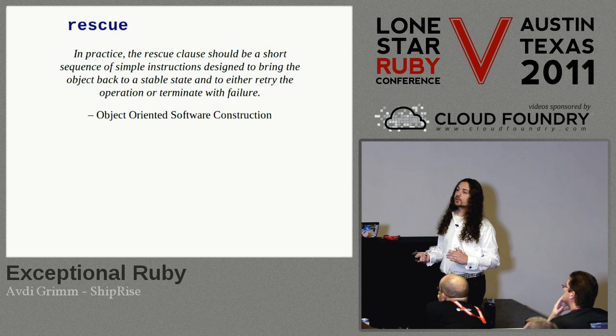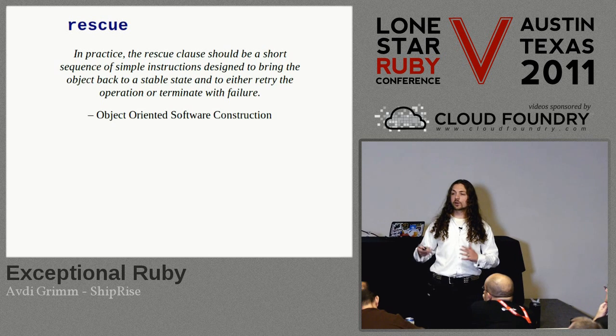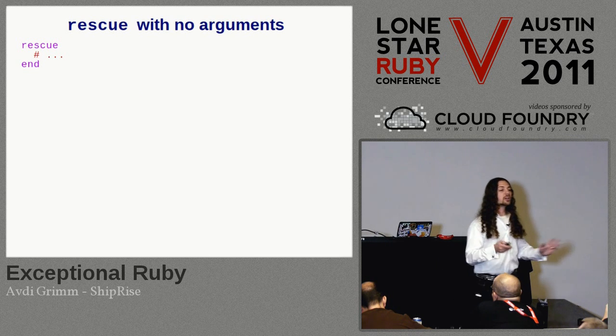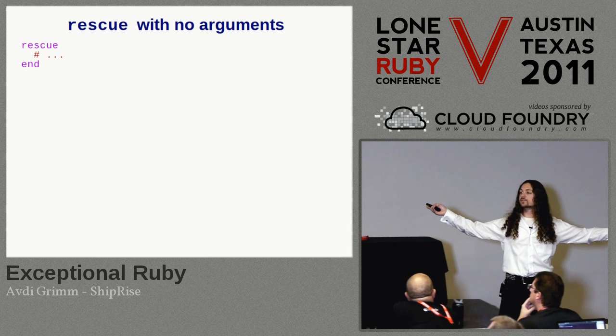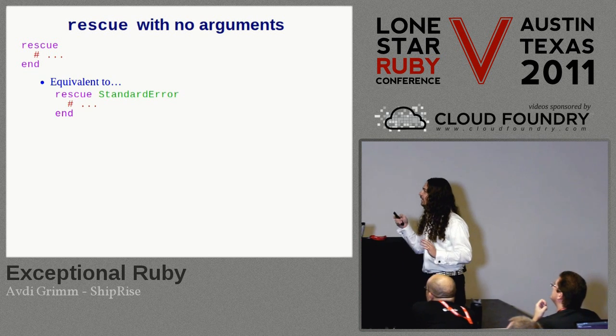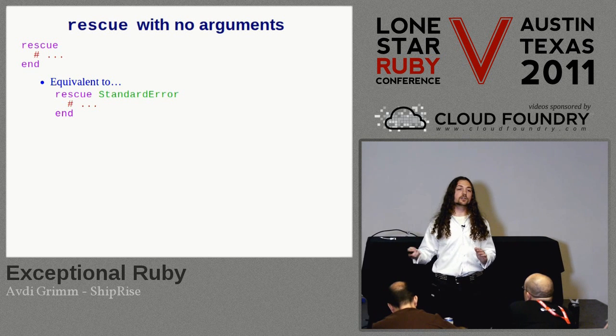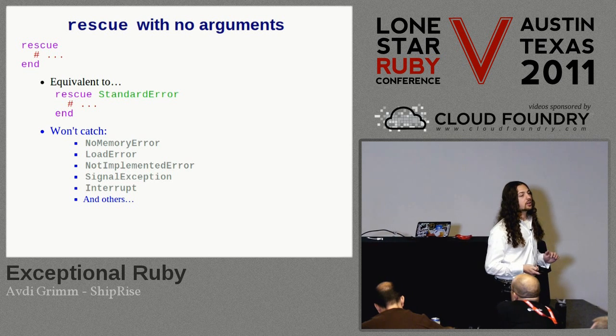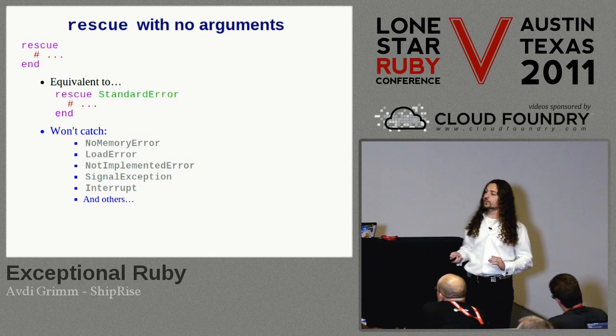So we rescue exceptions using the rescue keyword. Rescue with no arguments catches any exception, right? A lot of you know this one. No, it does not. It rescues StandardError, which leaves you with a fairly long list of exceptions that it will not rescue by default.